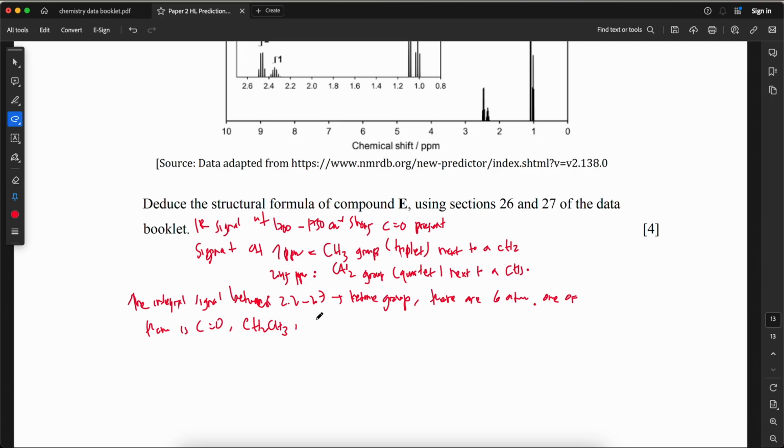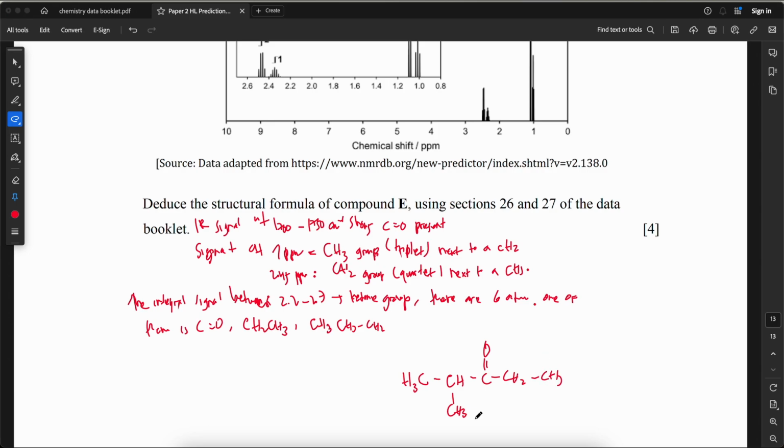Now we are left with CH3 and CH3 and CH2. So let's see how to draw. So now we've got CH3, and then it should be 6. So that would be CH3, C=O, CH2 and CH3.